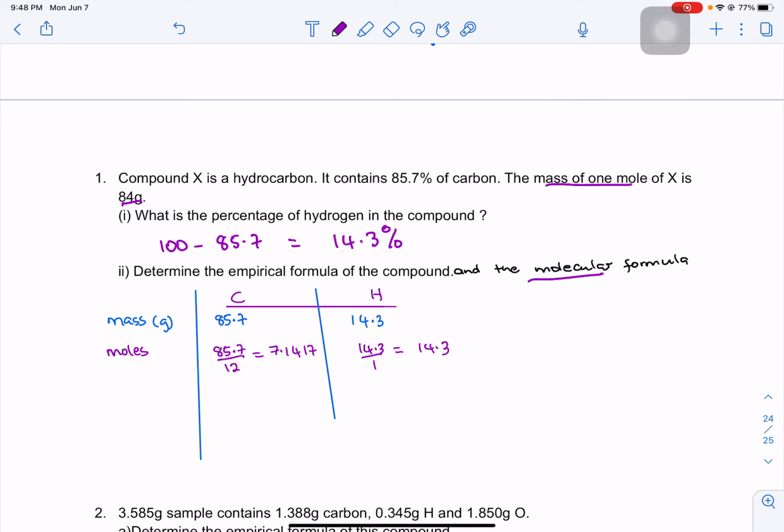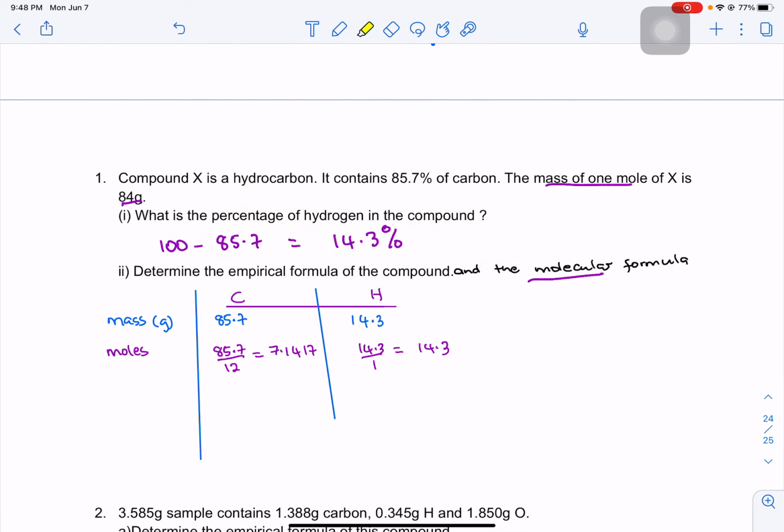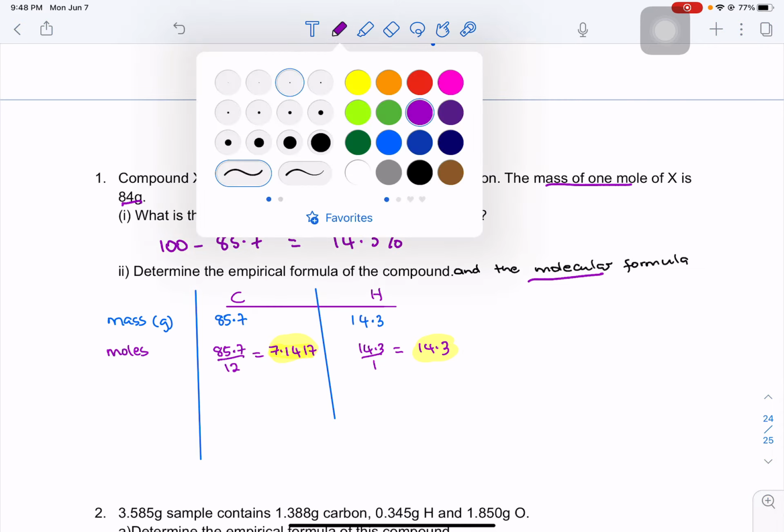Okay, so these are the two numbers. The moles are these two numbers: 7.14 and 14.3.